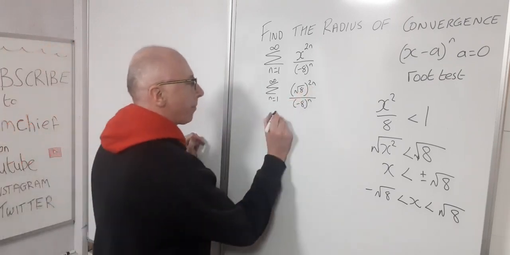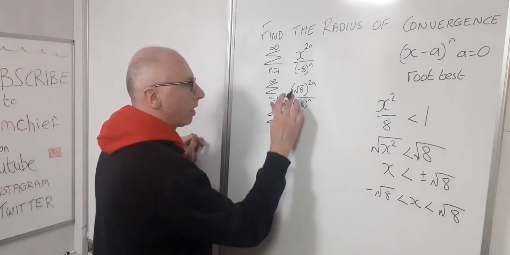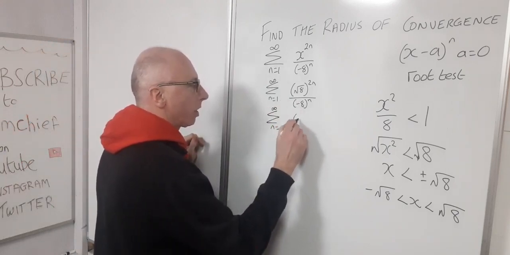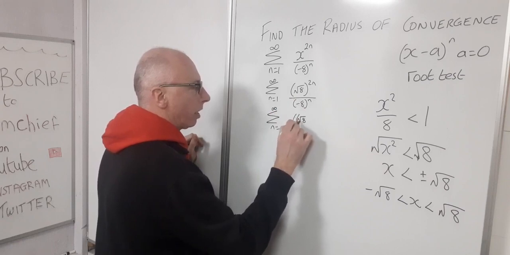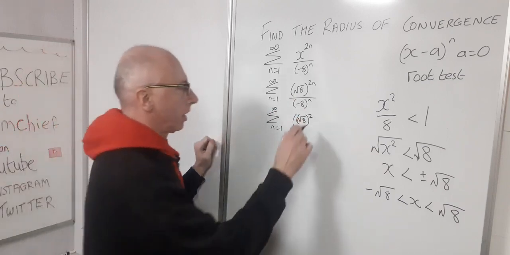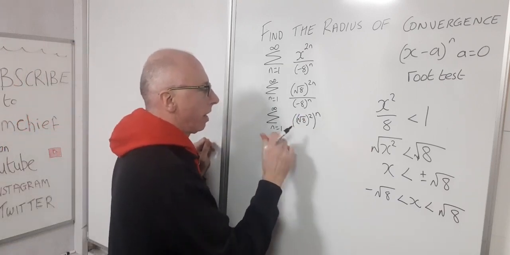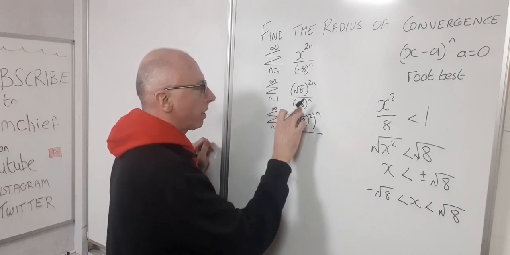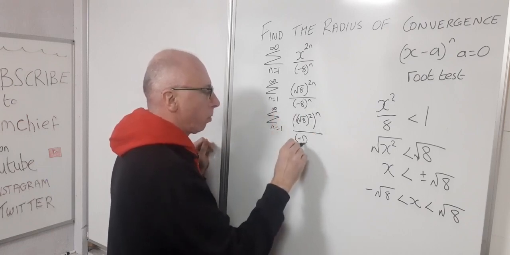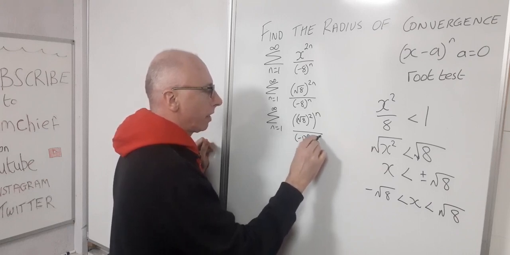So let's do that. The sum from n equals 1 to infinity, bringing this one up first, the square root of 8 squared, put that in brackets and raise that to the n. Then we break the denominator apart and have (-1) to the n multiplied by 8 to the n.